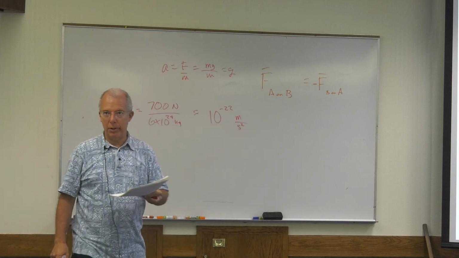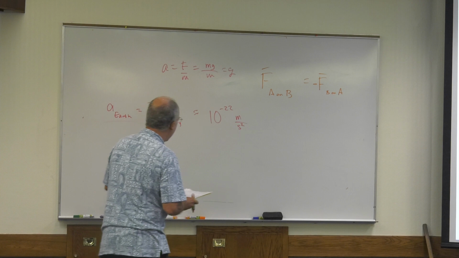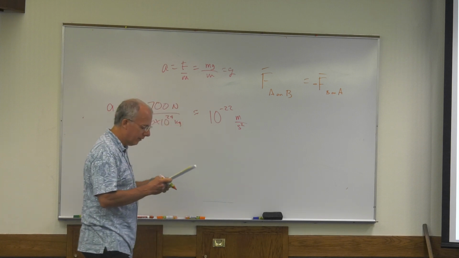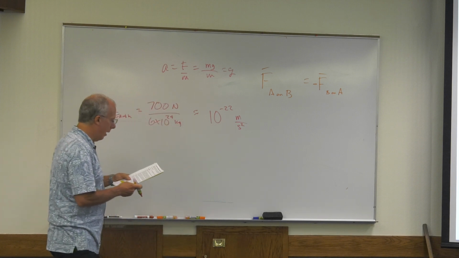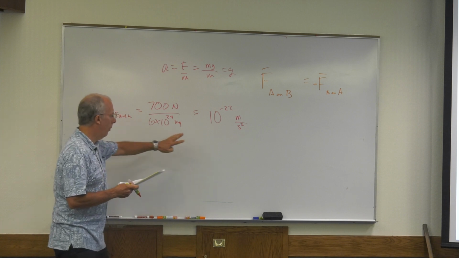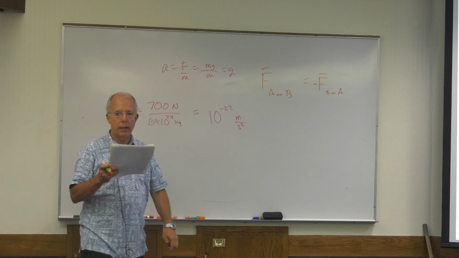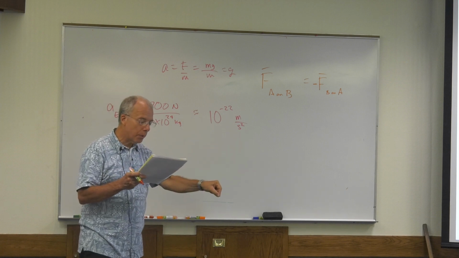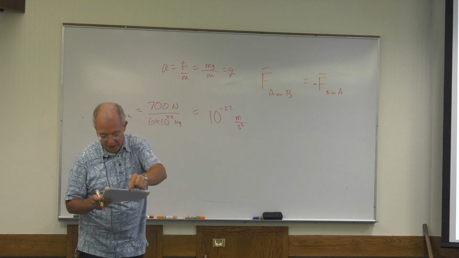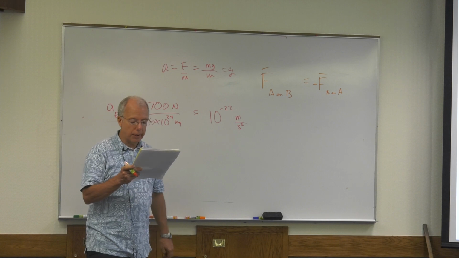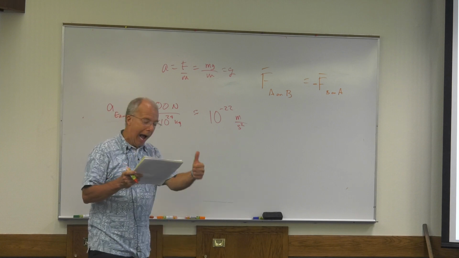Now that's pretty small, wouldn't you say? So just for fun, with an acceleration that small, how long would it take to go from 0 meters per second to 1 meter per second? Well, it would take approximately 3 times the age of the universe.